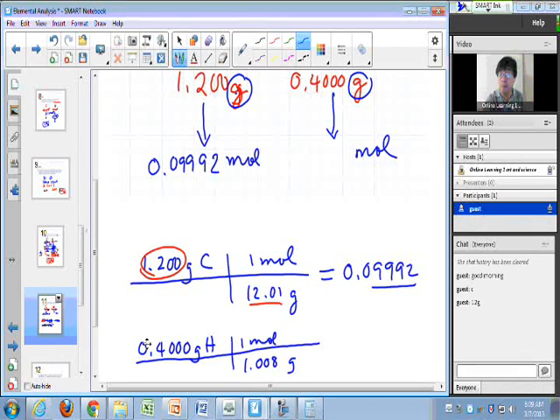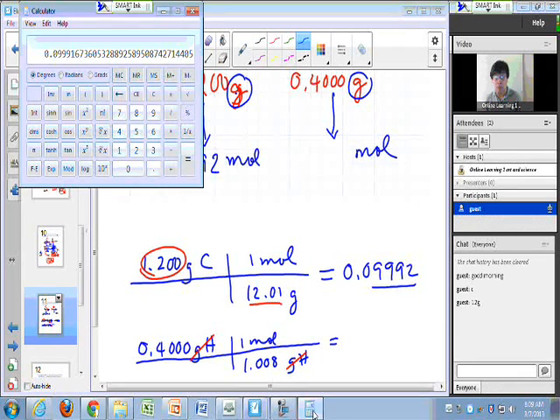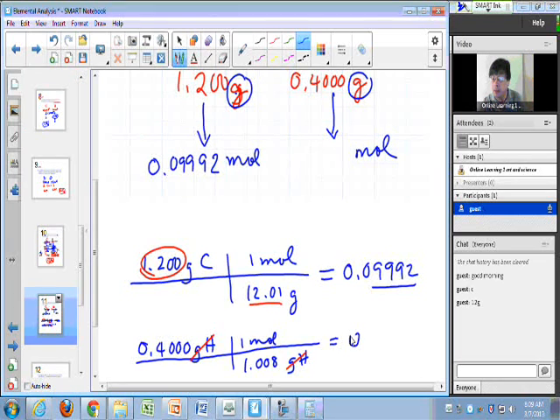Okay. So grams hydrogen cancels out. That gives us moles of hydrogen, which is, what would that be? 0.4 divided by 1.008. That's 0.3968 moles.